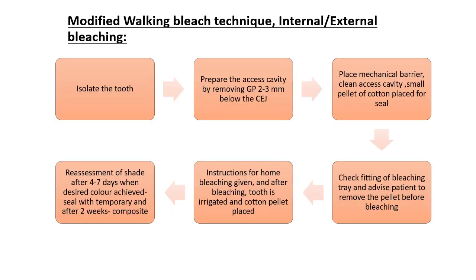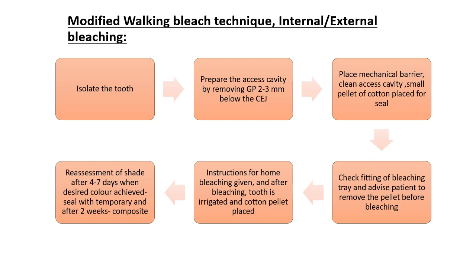Modified walking bleach technique, internal or external bleaching. Here, what we need to remember is the first 3 steps: isolate the tooth, prepare the access cavity by removing 2 to 3 millimeters of gutta percha below the CEJ, place a mechanical barrier, clean the access cavity, and place small pellets of cotton for seal.